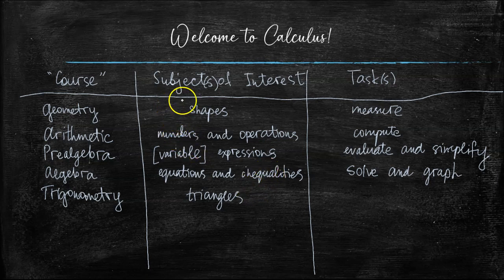So while initially the subject of interest was just triangles, the type of tasks that we have to learn how to perform in this class is an extensive list. But again, I'm just going to write here solve and graph, because we solve triangles, we solve trigonometric equations, we graph trigonometric equations, we graph trigonometric functions.